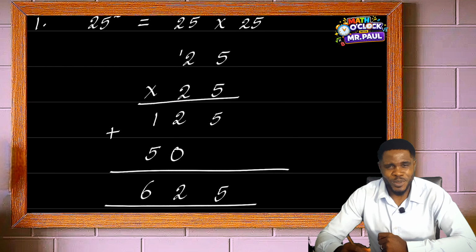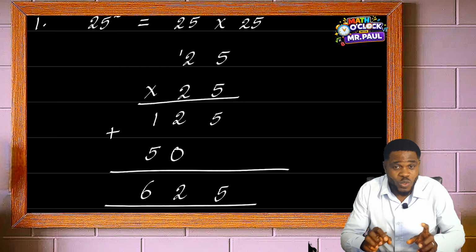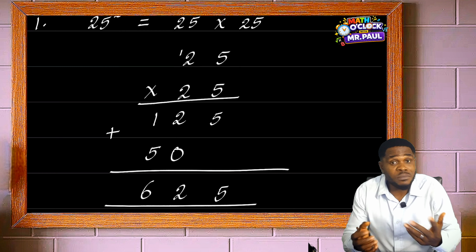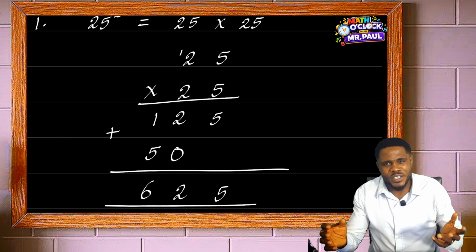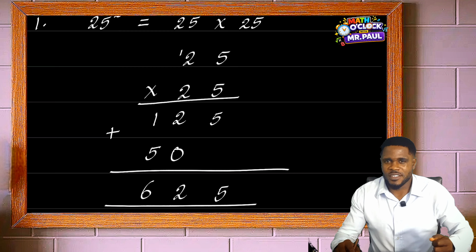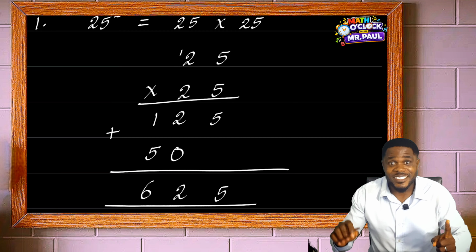That is how you square any given whole number. It simply means the number should multiply itself. 2 square, for example, simply means 2 times 2. 3 square simply means 3 times 3. 10 square also simply means 10 times 10, and that would give us 100.